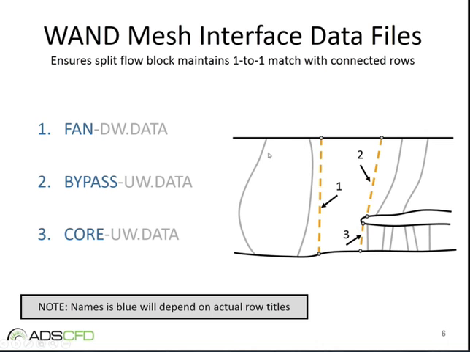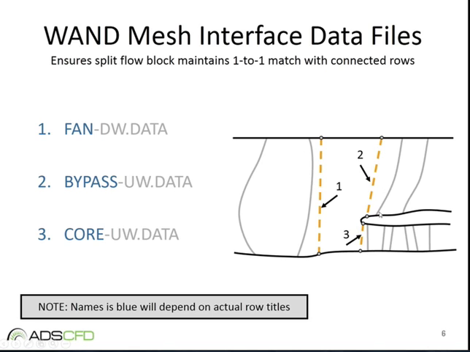So you can see for the fan, to interface with the split flow block, we're really interested in this downstream data. And that's going to inform the mesher about how the grid is distributed in the fan mesh, primarily in the radial direction.